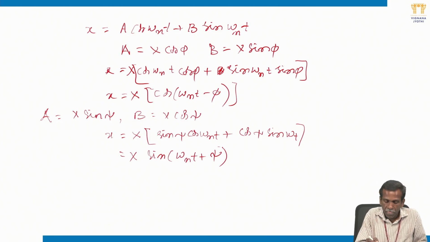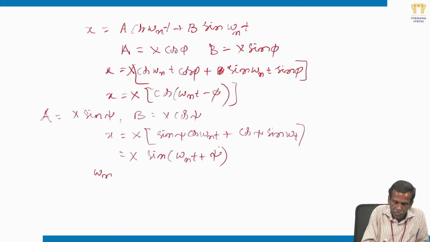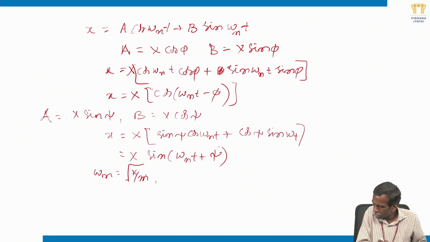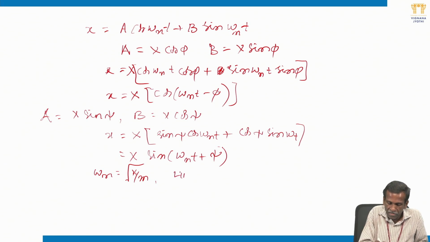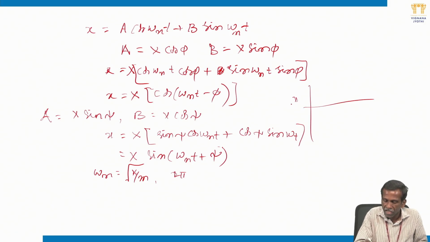We have seen that omega n is the square root of k by m, in radians per second. As you know, one cycle of motion is completed in 2 pi radians. If the motion is like this, x versus time period, then one cycle is the repetition of this. It will take 2 pi radians.